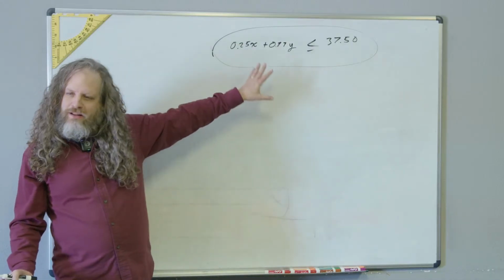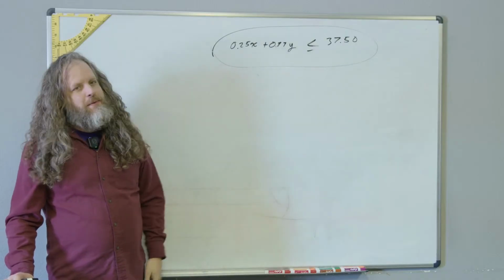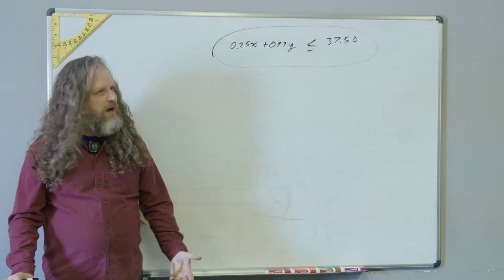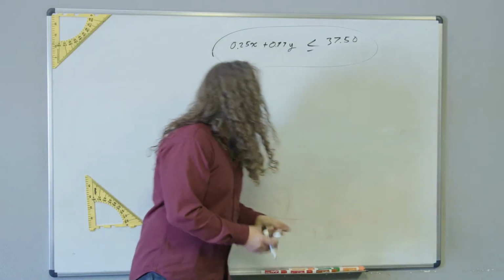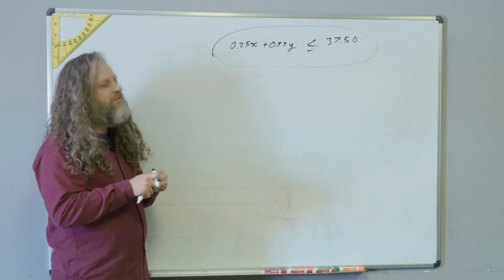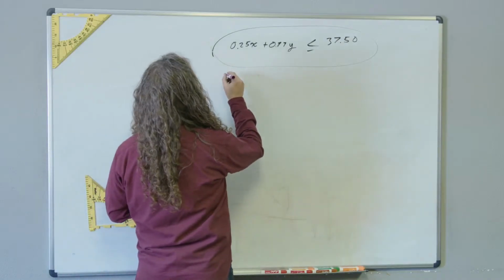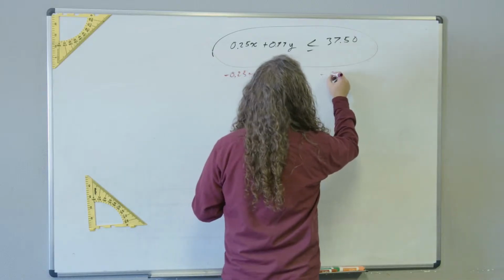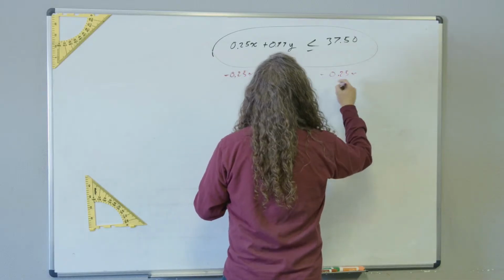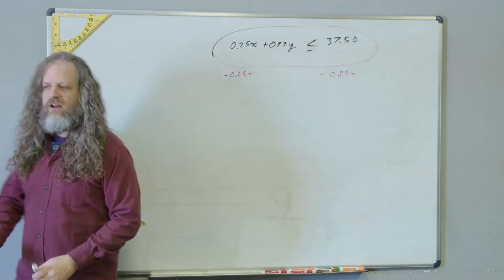So in order to put it in slope-intercept form, which one's got to be by itself? The y, right? So what do we got to move? The X. How do we move it? Minus. Yeah. We're going to subtract 0.25x. Can we combine those two? Yes or no?